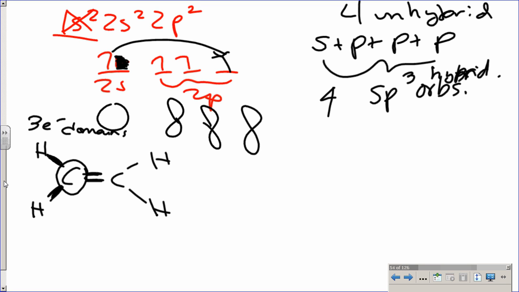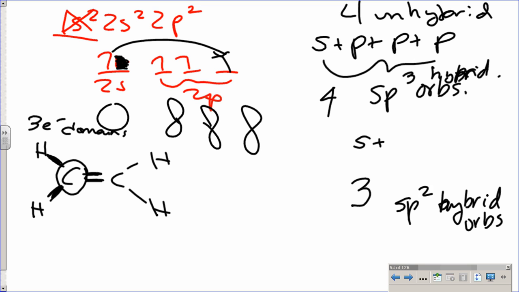So I can't make 4 sp3 orbitals. I have to make 3 sp2 hybridized orbitals. Now, how did I make those 3 sp2 hybridized orbitals? I took s plus p plus p. What's up with the next one? Where's the next p at? It's free.